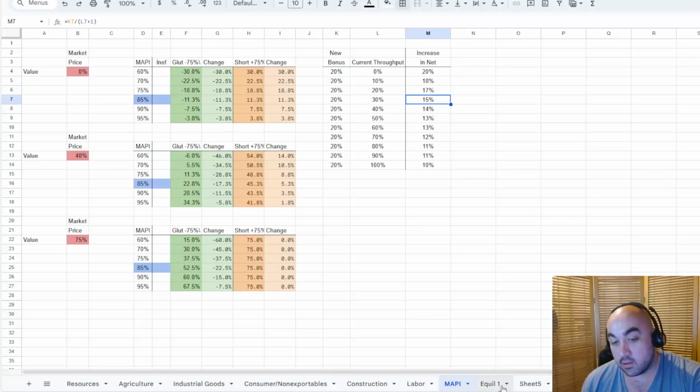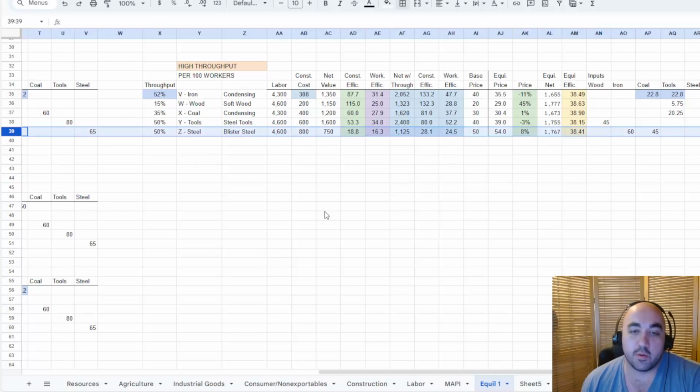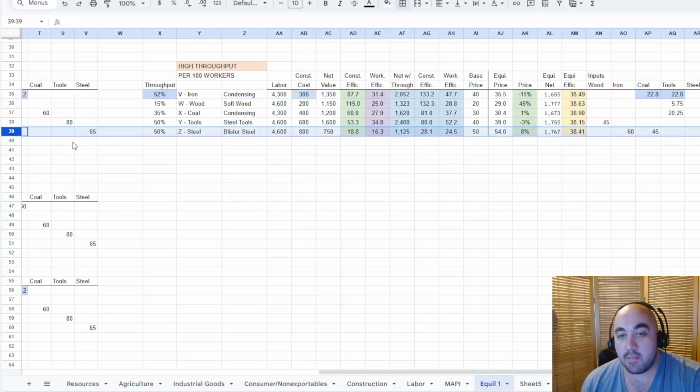So, coming back to the equilibrium sheet, there is a certain throughput value, and this is the point we wanted to make earlier. There's a certain throughput value where it will actually be more valuable to, say, get a company for iron in terms of decreasing the equilibrium price on steel, because we are decreasing the inputs, and remember, everything relates.